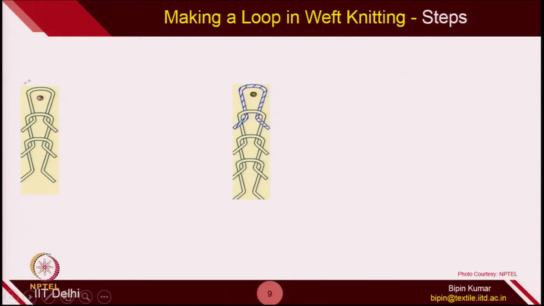So, for example, you have 3 loops in this column and we are going to add a new loop which is shown by the blue segments in the same column. So, the first process is we have the bar or needle which we have shown in the previous animations and in the real video also. We have the needle which passes through the old loop. So, we are taking the needle from one side to the other side of the old loop.